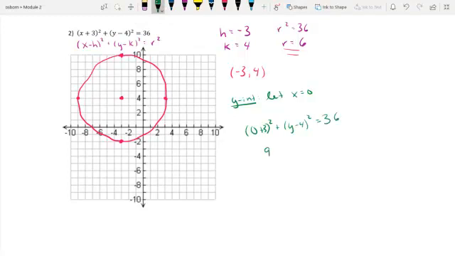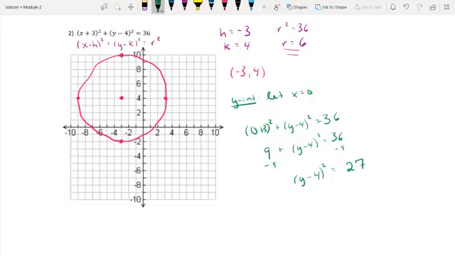That means I've got 9 plus (y minus 4) squared is equal to 36. So I'm going to subtract 9 from both sides.